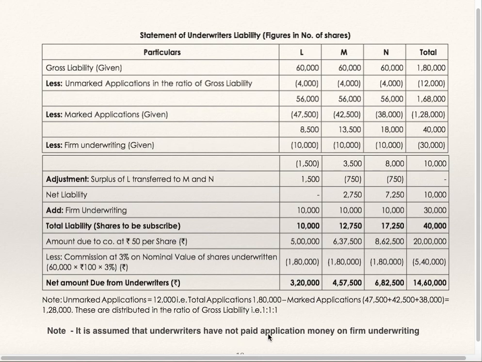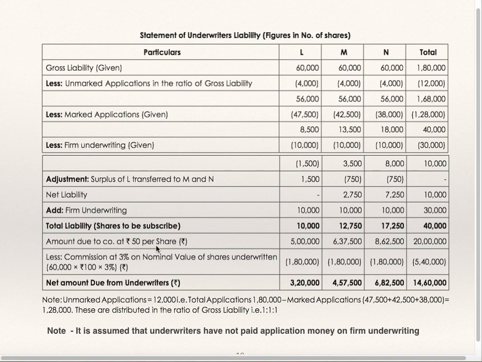It is assumed that underwriters have not paid application money on firm underwriting. Otherwise, what you are supposed to do is calculate this amount at 50 per share, deduct firm underwriting 10,000 into application money, assuming that they have paid, remaining will be due, and find out whether the amount is due from underwriters or due to underwriters.